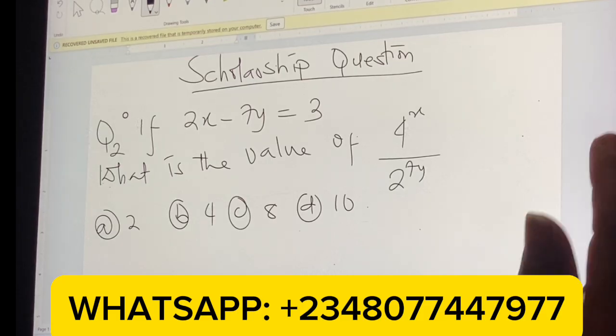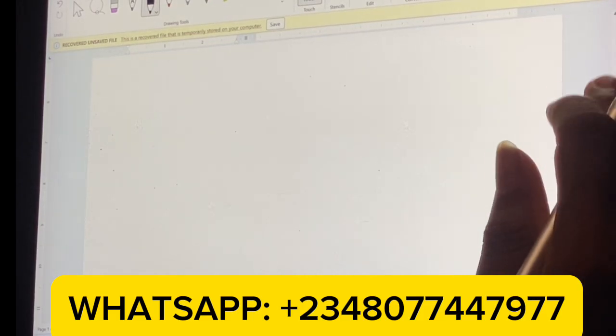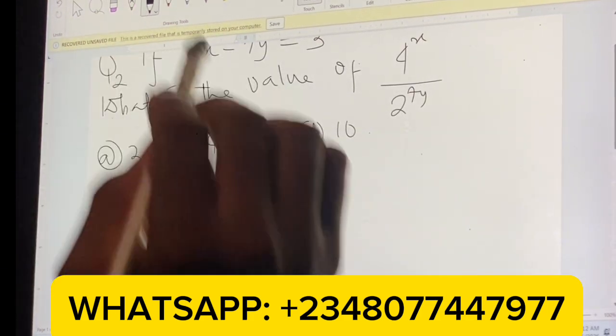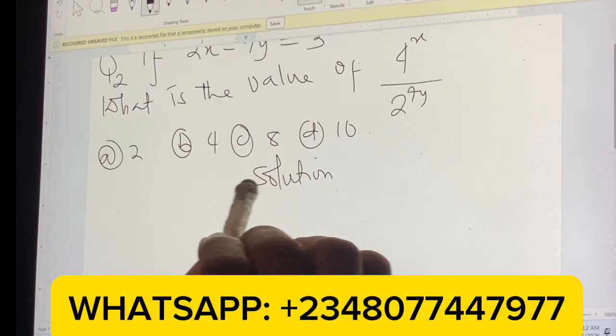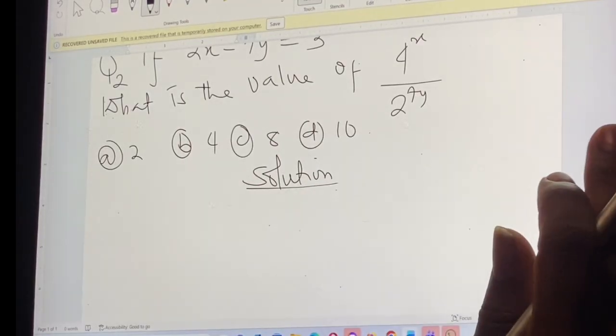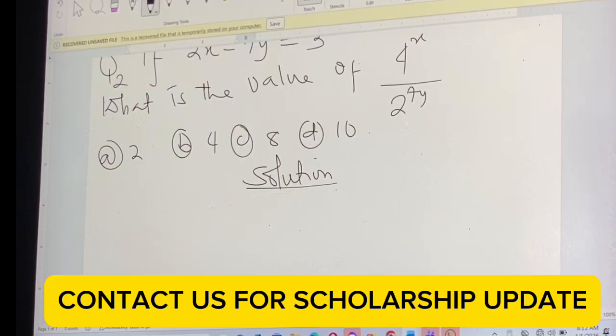Okay, let's solve the question here. Solution first. We are given a question here that is 2s minus 7y is equal to 3.